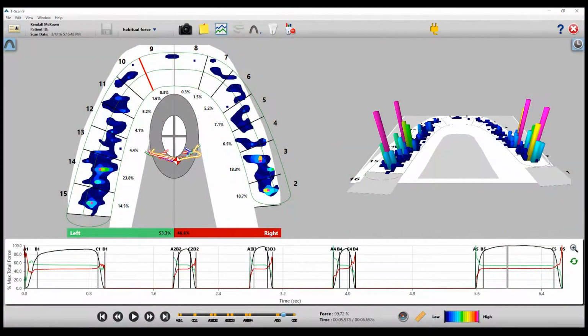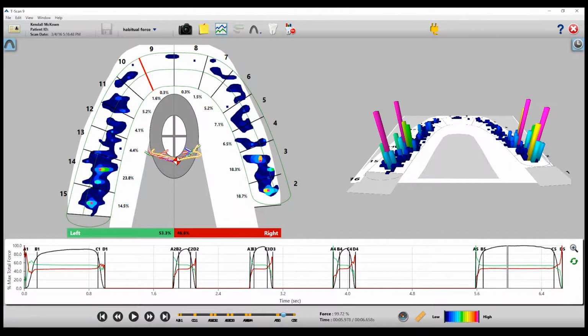In this particular case, we're going to look at the center of force trajectory and see whether these kite tails are on target or off target. We're going to definitely see in this situation that they do not fall within the white target zone.